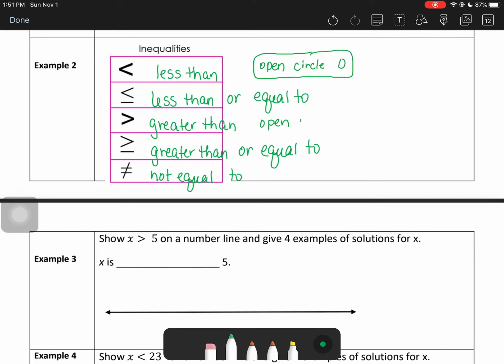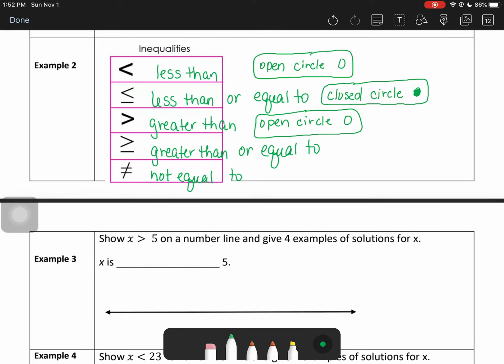It's either bigger or smaller than the number. If it is less than or equal to or greater than or equal to, it's going to be a closed or filled in circle, because that means it can be that number or bigger, or it could be that number or smaller. So it's a closed circle.